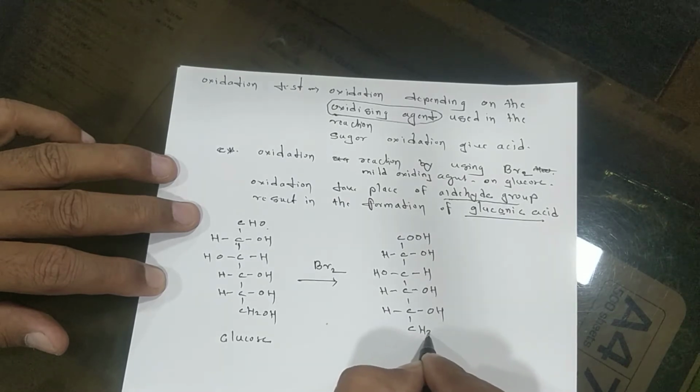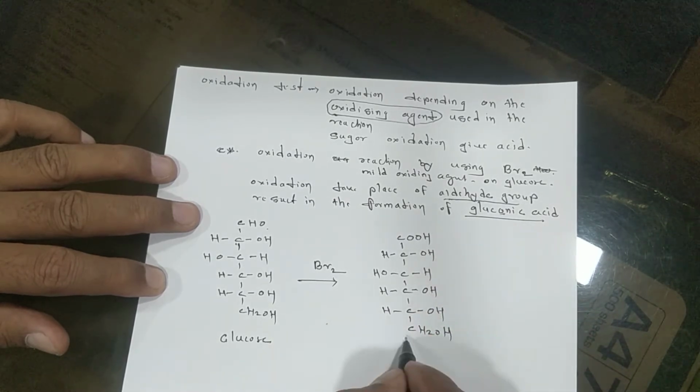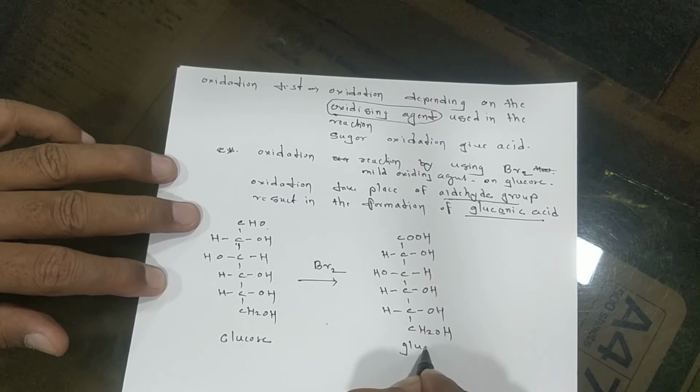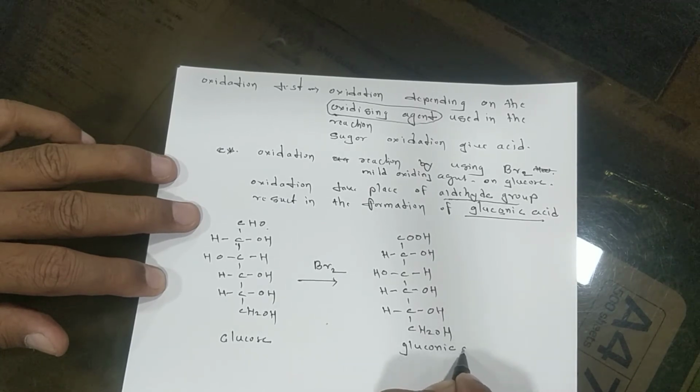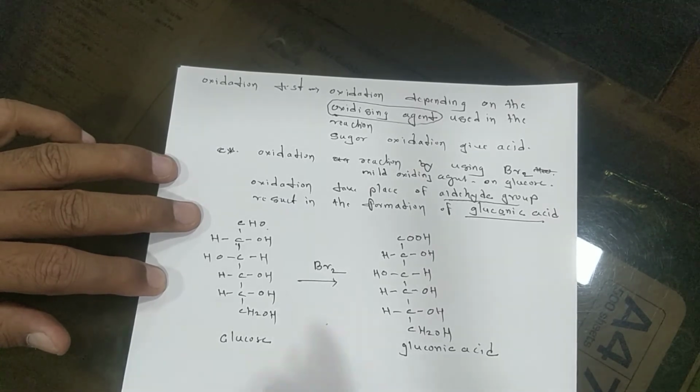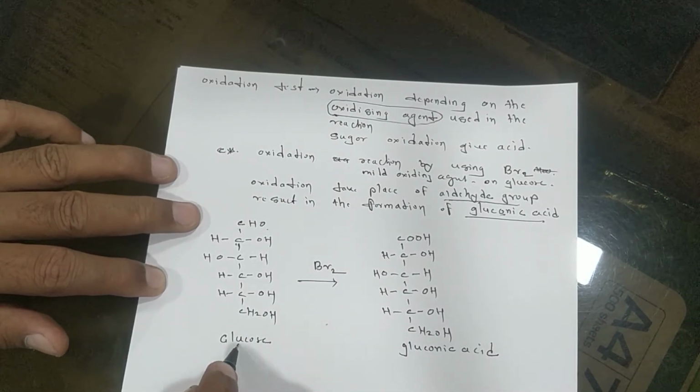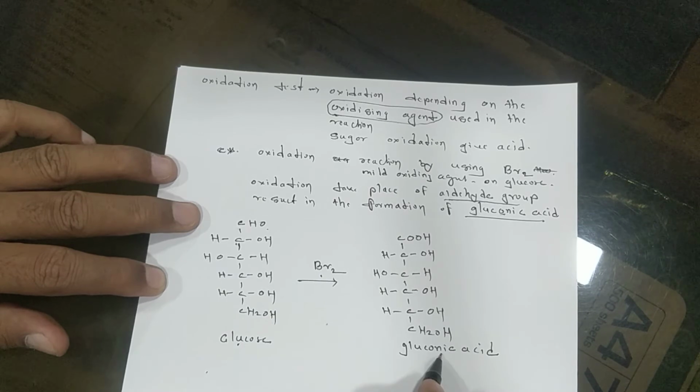Okay, now this gluconic acid. Glucose oxidized with Br2 gives gluconic acid.